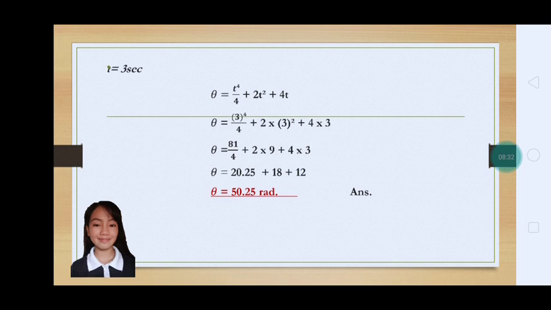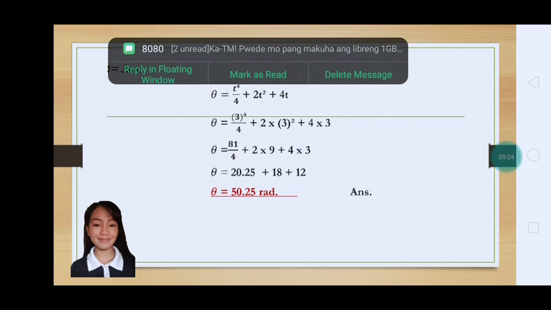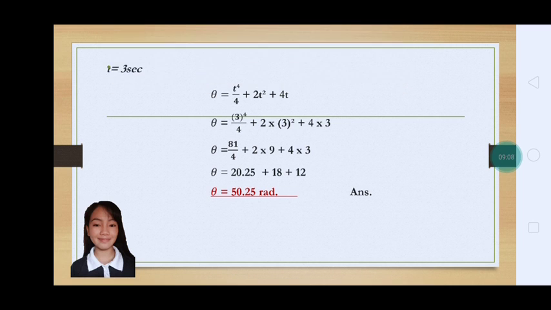So, theta is equal to 3 to the power of 4 over 4 plus 2 times 3 squared plus 4 times 3. 3 to the power of 4 is equal to 81, divided by 4 is 20.25. 3 squared is equal to 9, so 9 times 2 is equal to 18. And 4 times 3 is equal to 12.